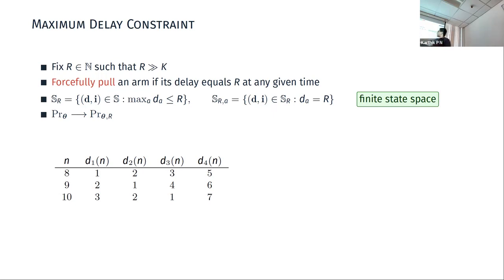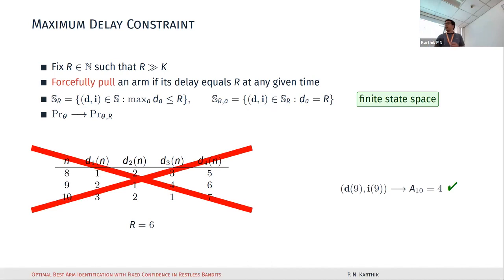So for example, this is a snapshot from the previous table I showed you. If, for example, we say that R is equal to 6, that means whenever one of these components becomes equal to 6, you have to select that arm in the next time instant. Earlier, that was not the case. You selected arm 10, you selected arm 3. See, at time 9, the fourth arm's delay has become equal to 6.